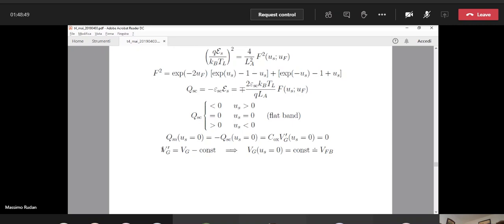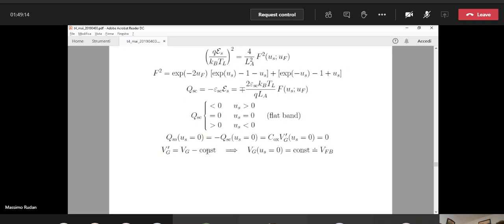So in order to achieve the flat band condition, we must force Vg prime to be equal to 0. That means we must select the value of the actual gate voltage equal to some constant that is non-zero.